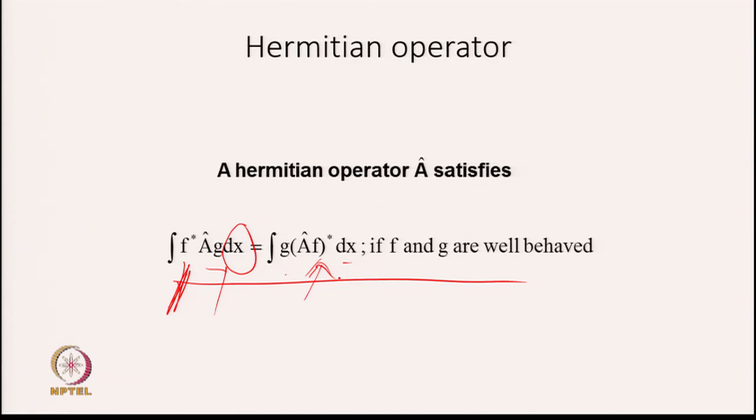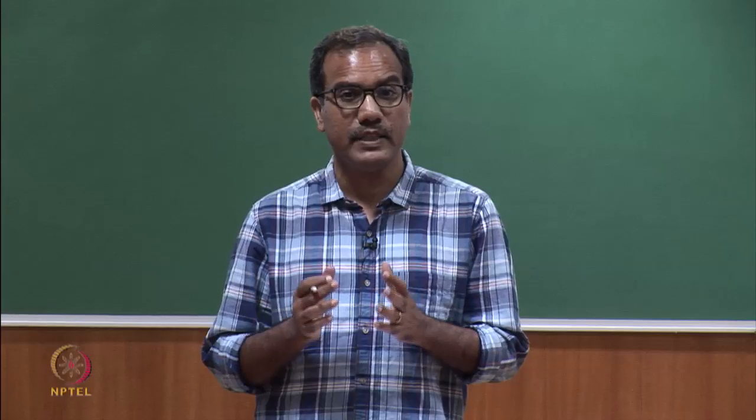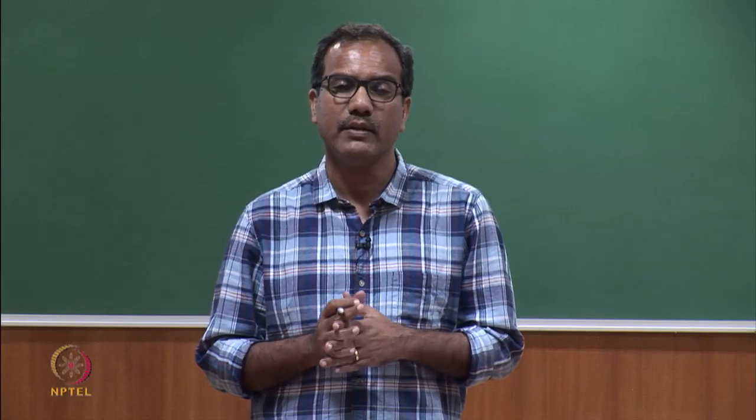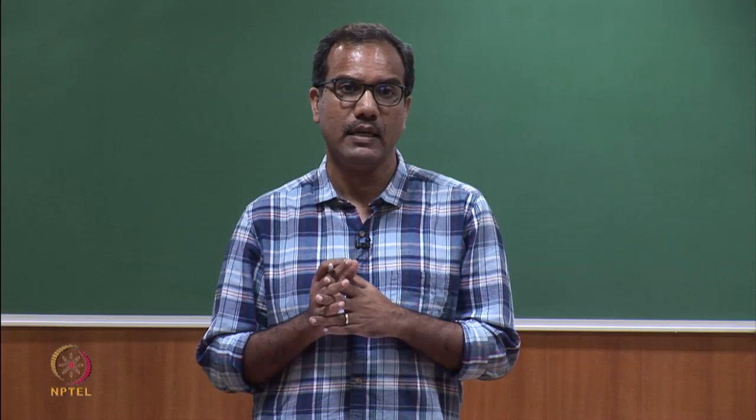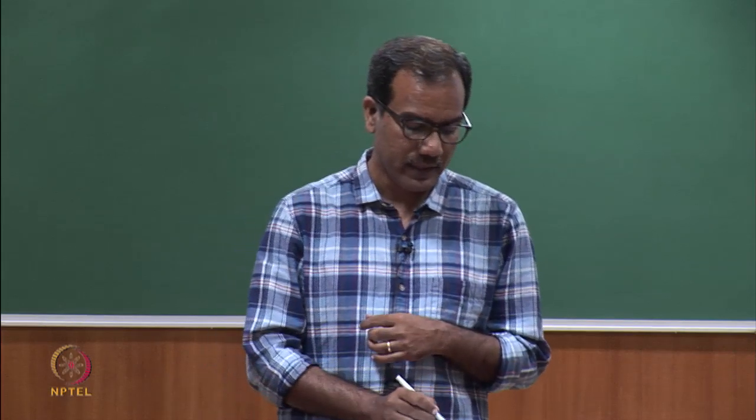You are now applying the operator on f, not on g, and then you are taking the conjugate of the value obtained by this operation, and then multiplying by g dx. And if this is true, then your operator A is a Hermitian operator.